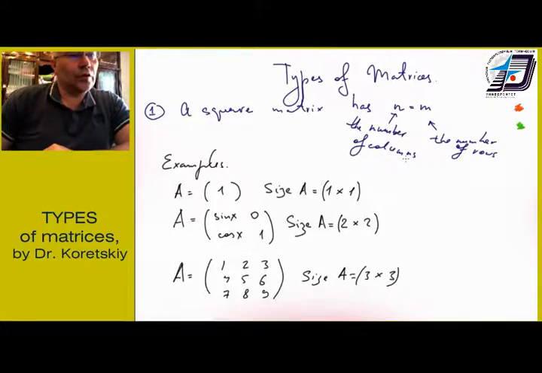It's better to use parentheses here because this is not some algebraic operation. So we mean that this matrix has 1 row, 1 column, 2 rows, 2 columns, and 3 rows, 3 columns.